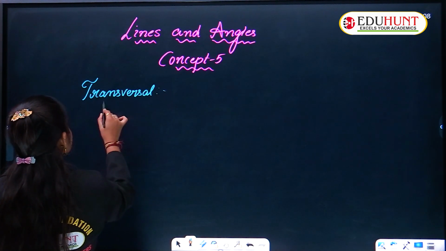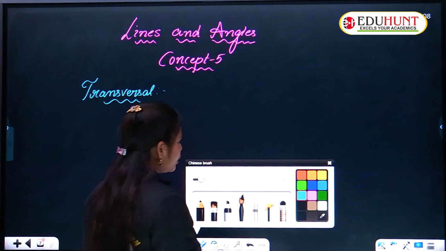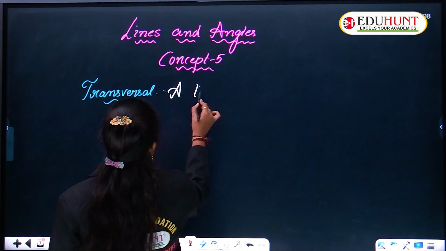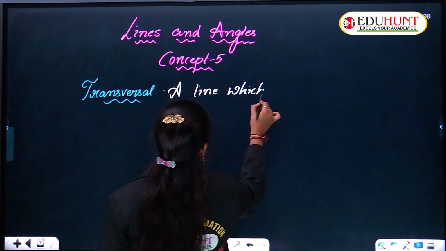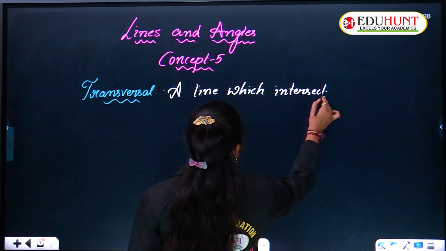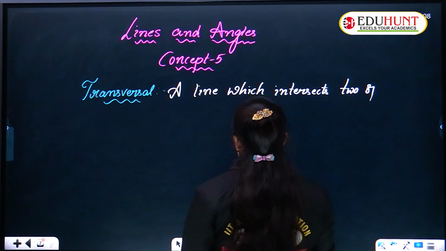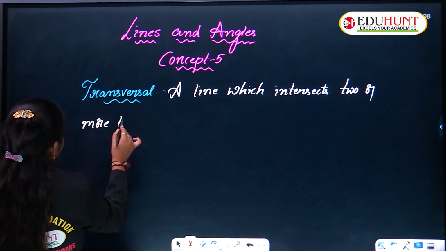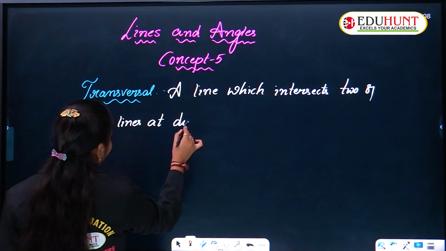Okay, what is the meaning of transversal? See here, the definition of a transversal is a line which intersects two or more lines at distinct points.